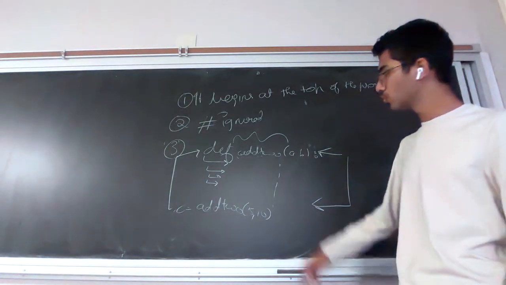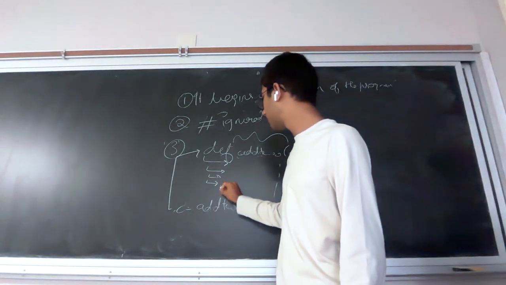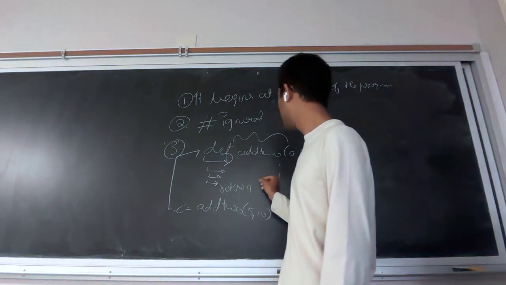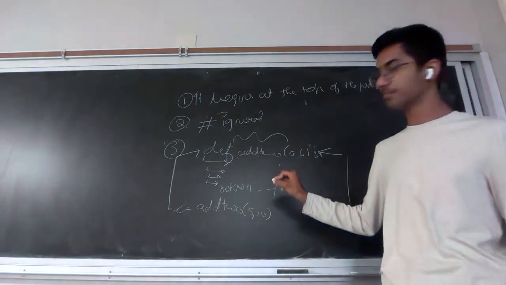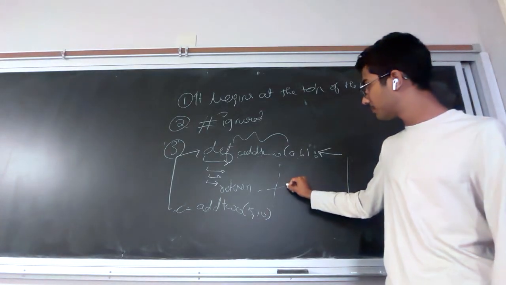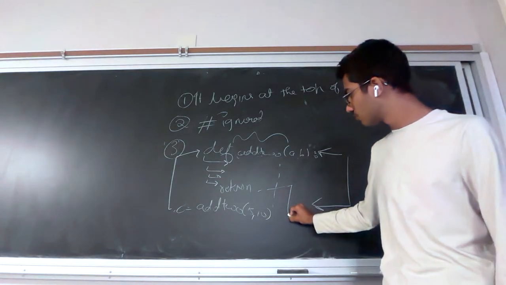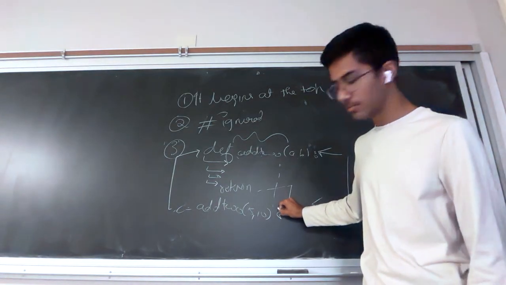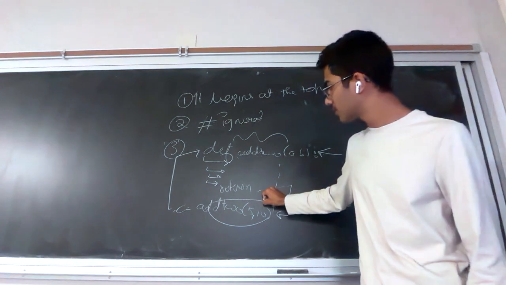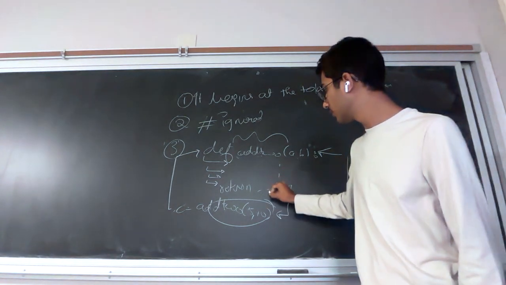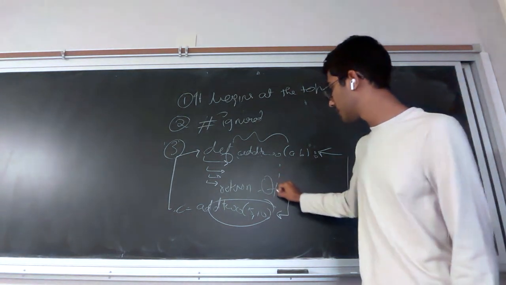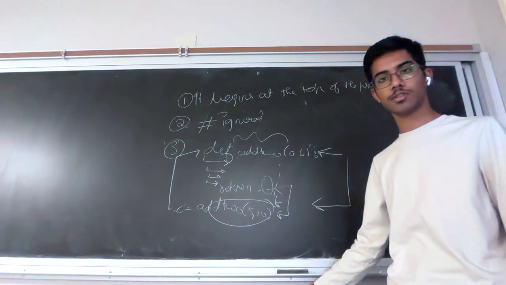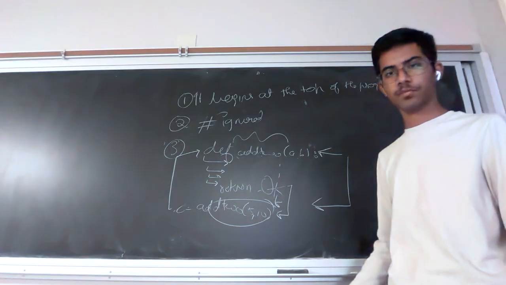So if there was a return statement here and some value is being returned, in that case, the control jumps from the return statement to the caller statement and it replaces that caller statement with the return value. So whatever value was being returned is sent here. And then from here it starts proceeding to the regular program again.